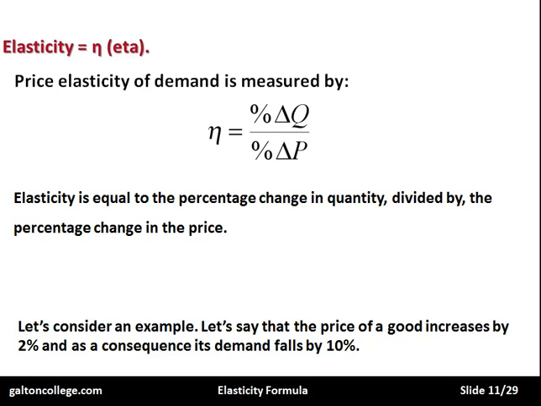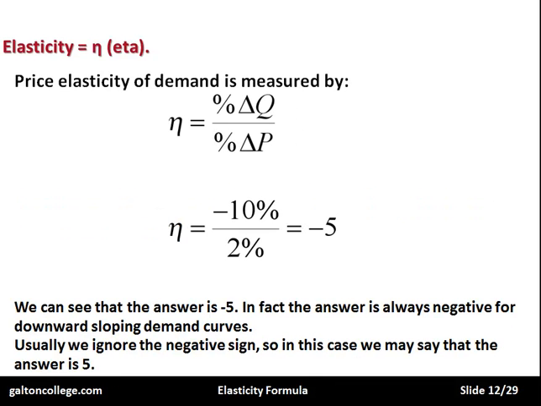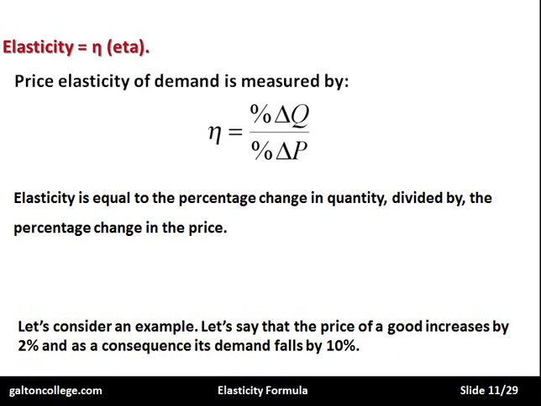So we're given this data. Let's say that the price of a good increases by 2%, and as a consequence its demand falls by 10%. So let's just deal with that. Now substitute that into our formula. Demand falls by 10%, minus 10%, and the price of the good increases by 2%, plus 2%.